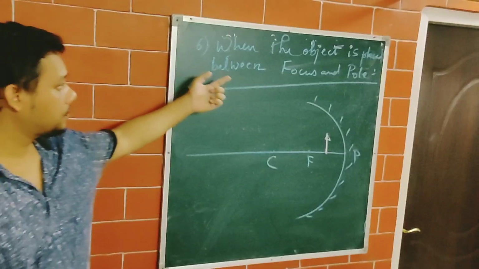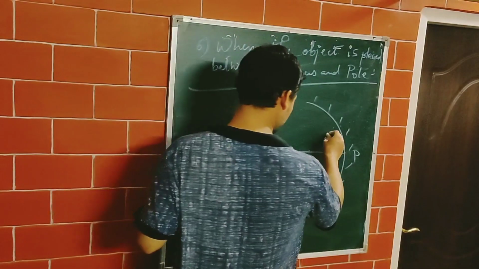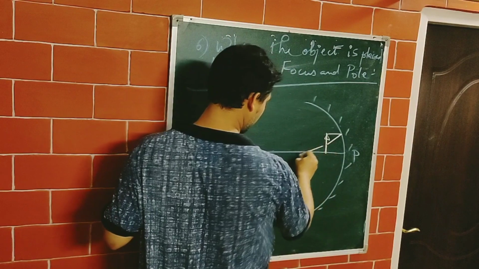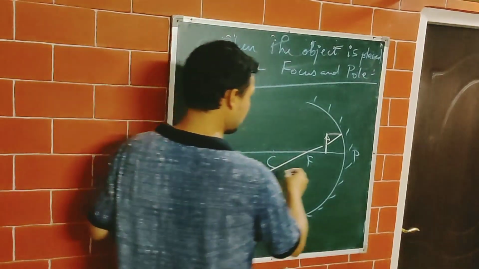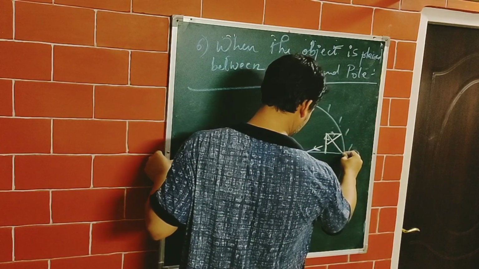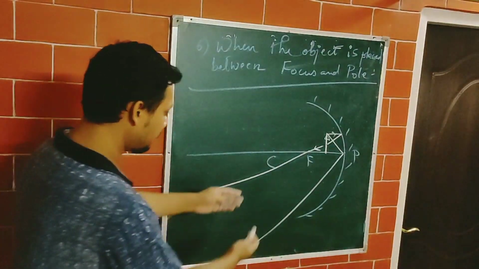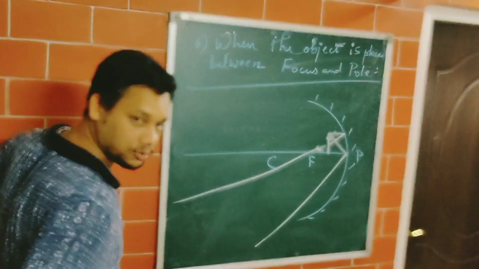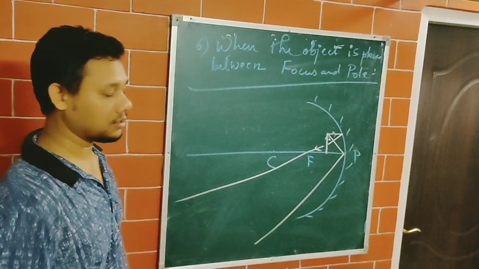When the object is placed between focus and pole, this time the parallel ray will try to pass through the focus. The ray at the pole will make the same angle, but this time these lines are diverging. One is going this way, one is going this way. They will never meet this side.